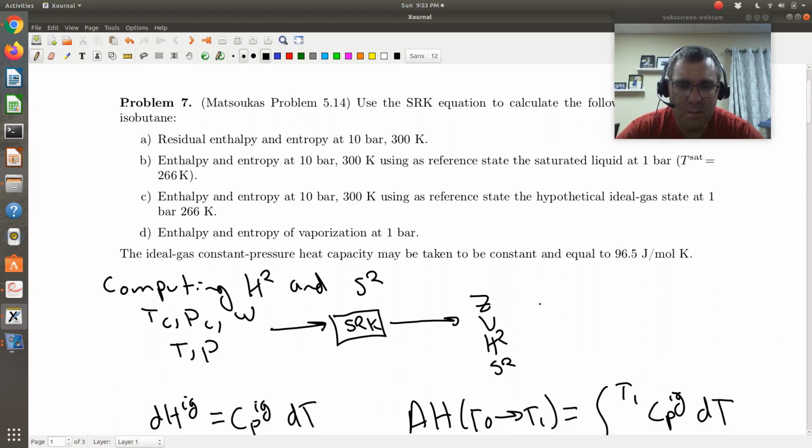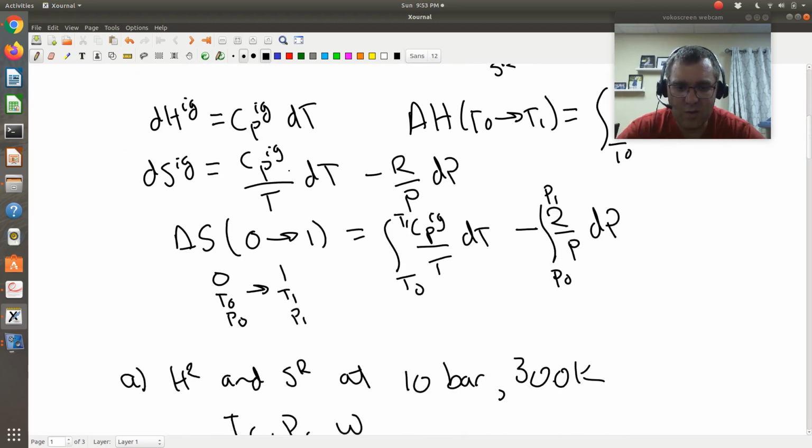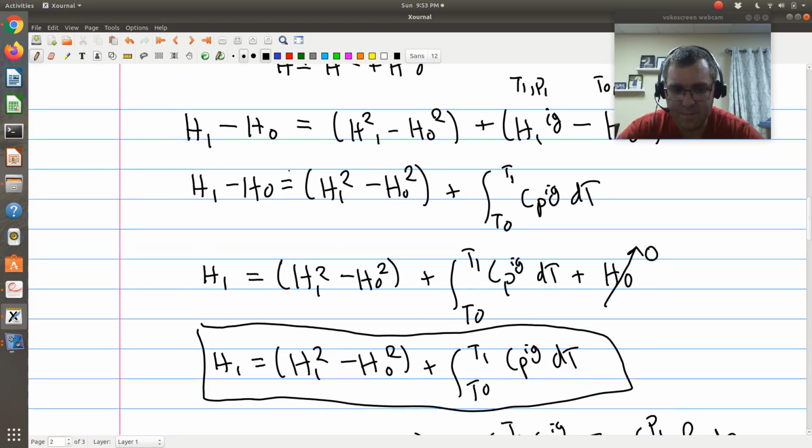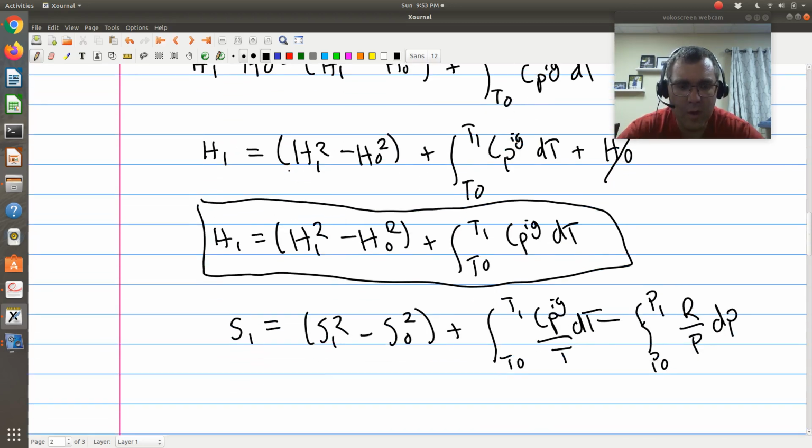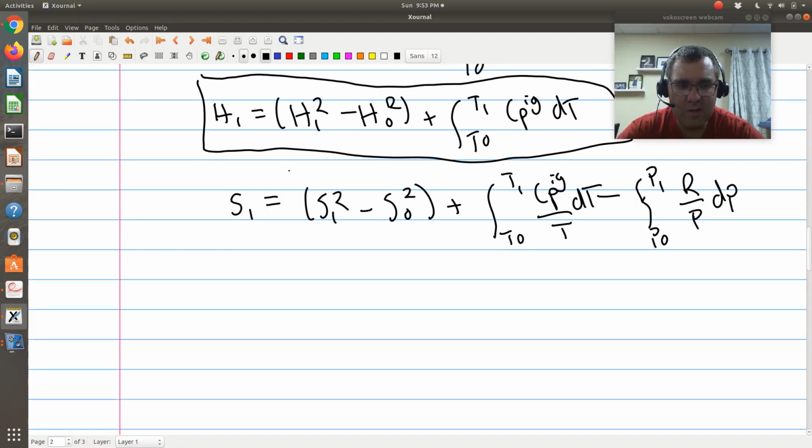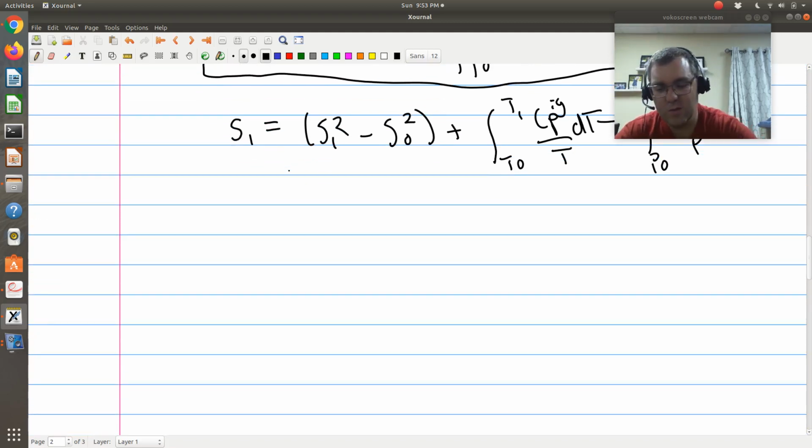So in B, our reference state was a real fluid at 1 bar and 266 Kelvin. Now we're going to use a hypothetical ideal gas at 1 bar, 266 Kelvin. I'm going to go through the whole long-winded setup just for completeness, just for practice in setting these things up, even though we could build directly off of B.